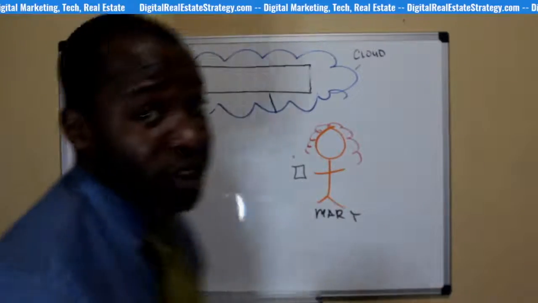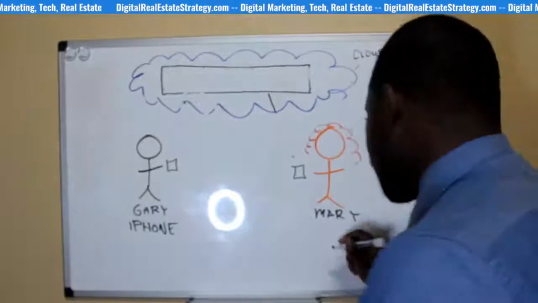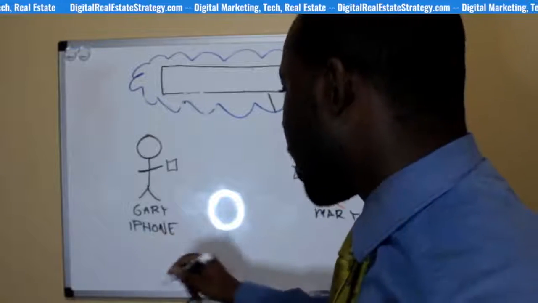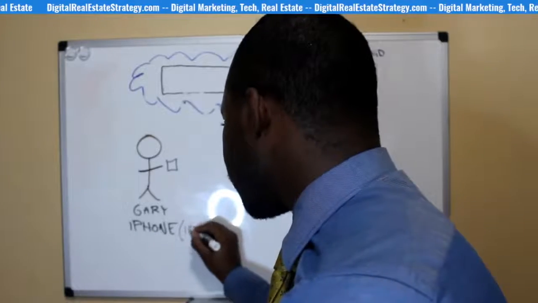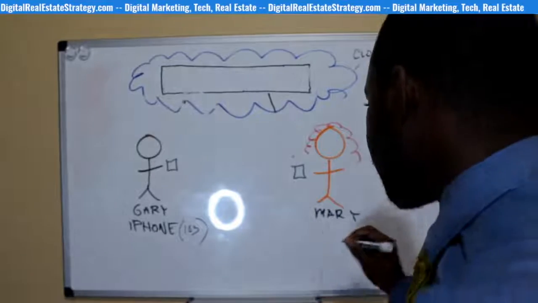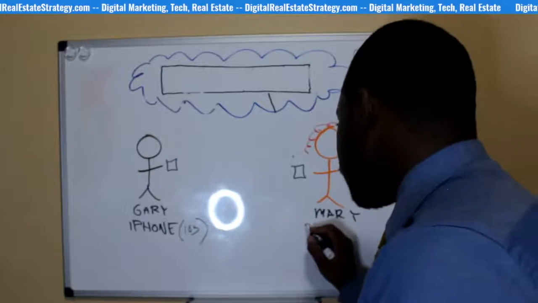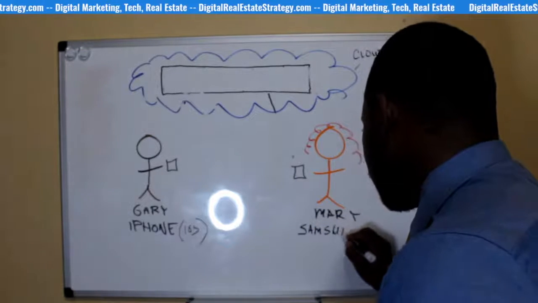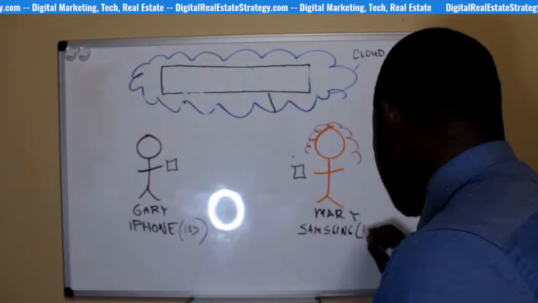And let's give Mary, give him an iPhone iOS, right? So iOS is the software that iPhone is on. Let's give Mary, what's the most popular on Android? Let's give Mary a Samsung, and she's on Android.